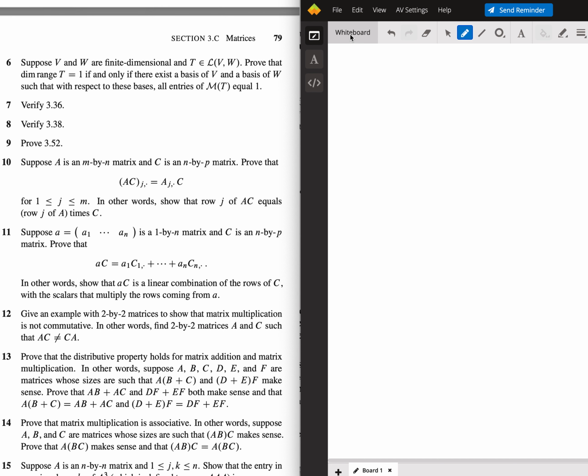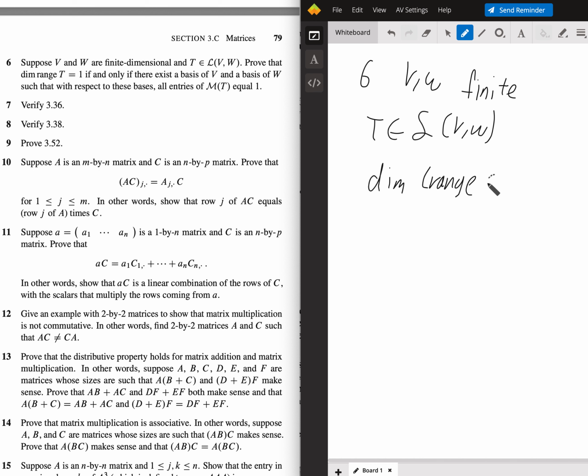Alright, let's consider question 6. Suppose V and W are finite dimensional and T is a linear mapping from V to W, and prove that the dimension of the range of this linear transformation is 1 if and only if there exists a basis of V and there exists a basis of W such that with respect to those bases the entries of the matrix equal 1, right?